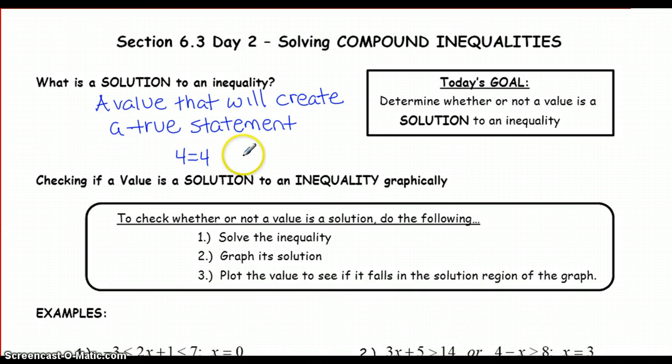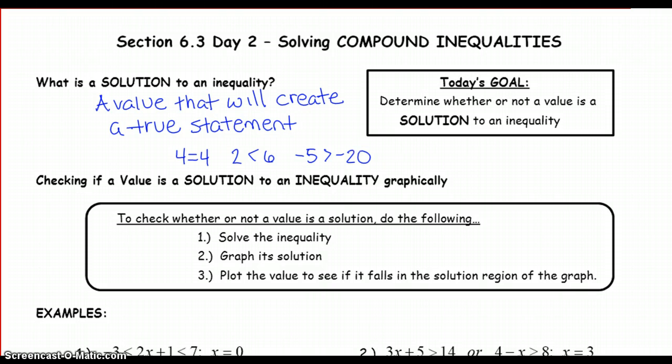Or an example using an inequality is that 2 is less than 6. Or negative 5 is greater than negative 20. Those are just some examples of true statements.